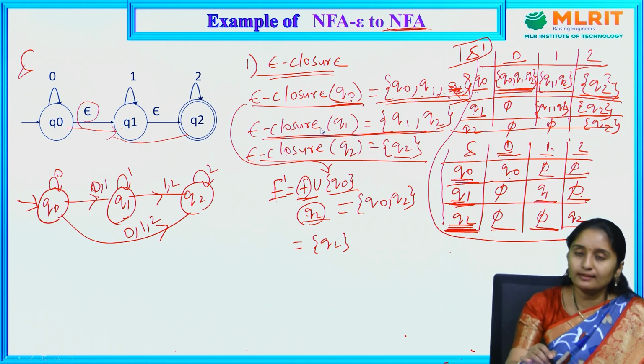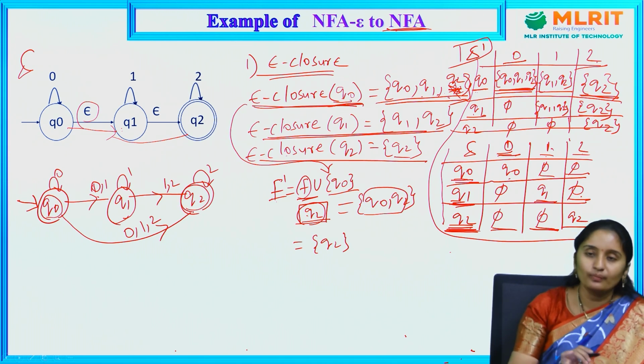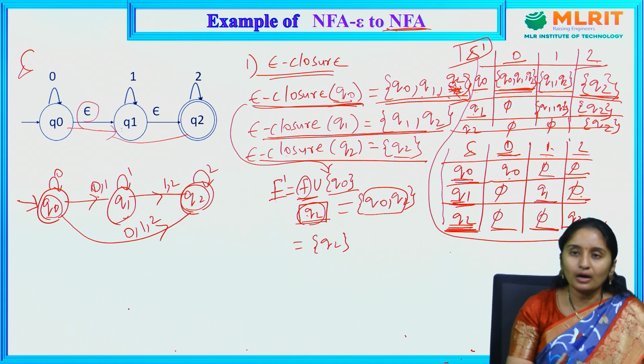Here, the final state of the NFA with epsilon is found in the epsilon closure of Q0. So now the final states are Q0 and Q2, and the starting state is Q0.